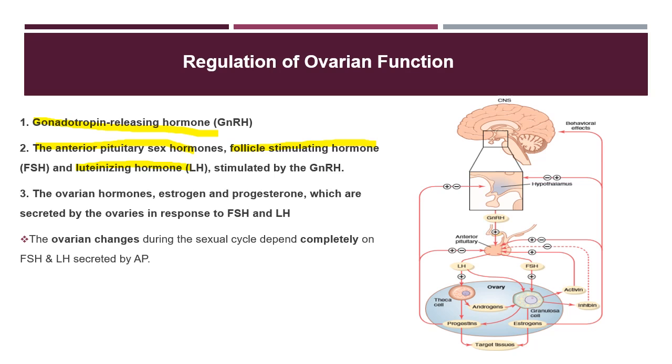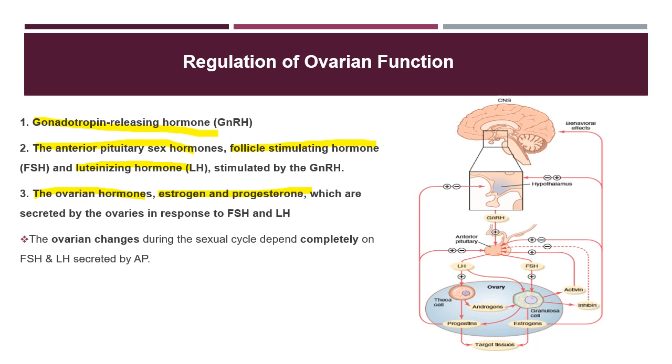And after puberty, when the gonadotropin releasing hormone is secreted, then LH and FSH will be released from the anterior pituitary. Then the ovaries will start functioning. The third hormones are the ovarian hormones, which are stimulated by both LH and FSH, which are estrogen and progesterone, which are parallel to testosterone in the male reproductive system.